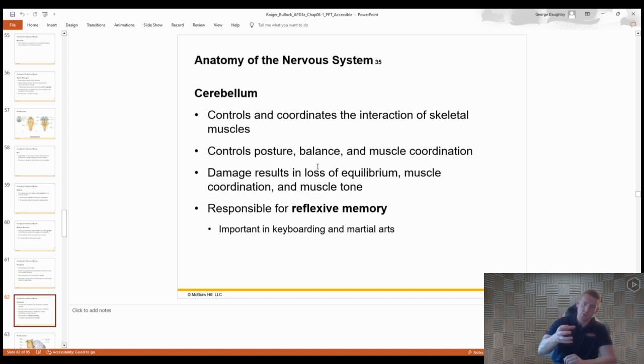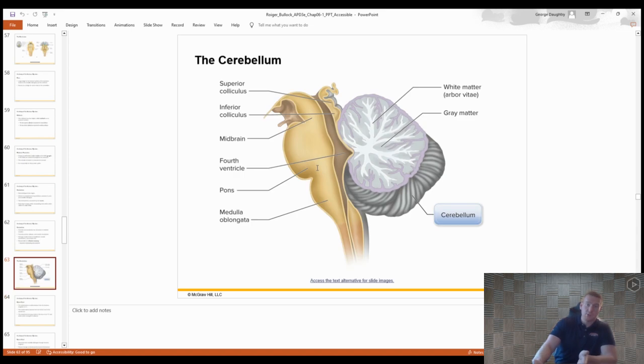And I am trying to adjust the motor functioning and the coordination and the balance of my hand in order to prevent the liquid from spilling out of the cup. That constant motor sensory feedback is all going through the cerebellum in order to maintain coordination and the appropriate skeletal muscle response so that I don't spill. That all can kind of be summarized as reflexive memory, and that's what the cerebellum does.